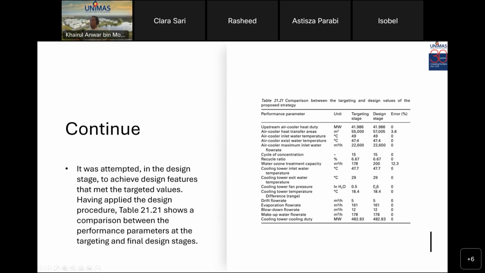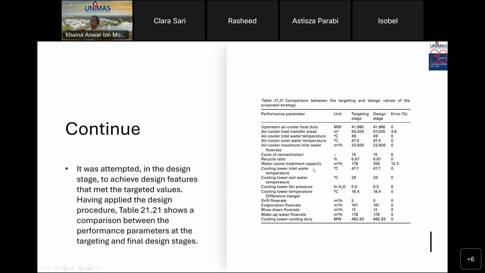So at design stages, there's a discrepancy for air cooler heat transfer area and water ozone treatment capacity.